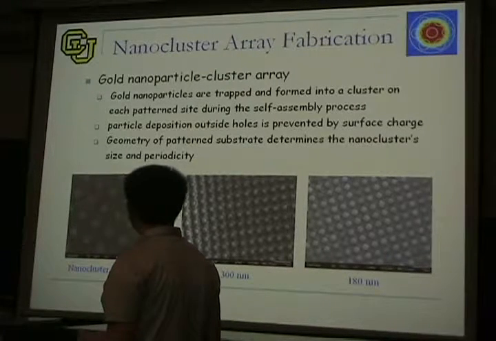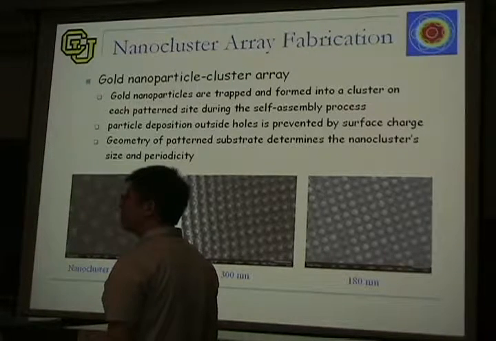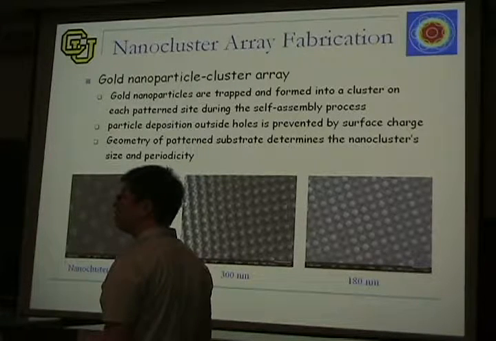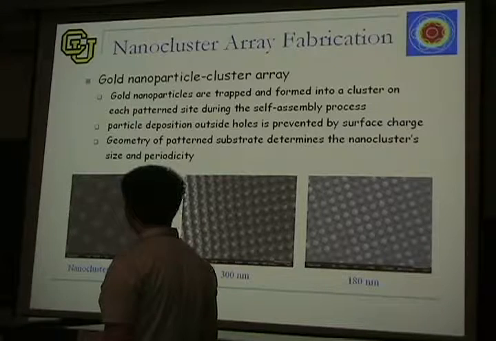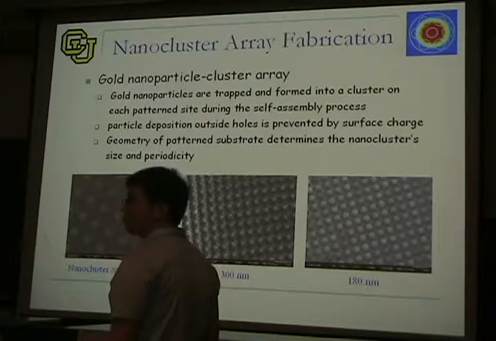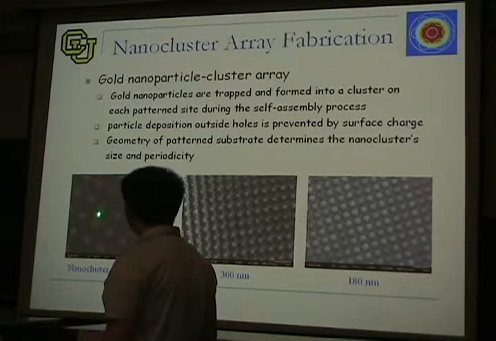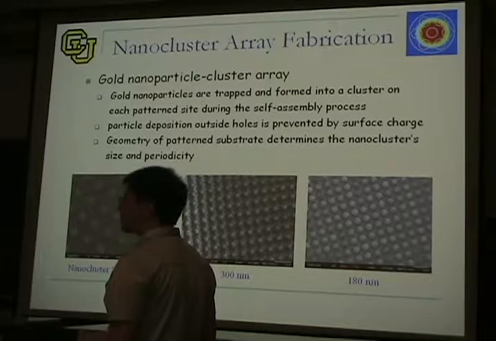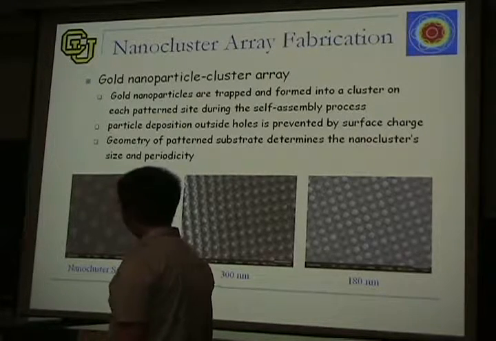As the solution dries, the gold particles will be driven into these nanoholes predefined by the lithography due to the capillary force of water. And the undesired particle deposition outside the holes can be suppressed by treating those areas with RIE.